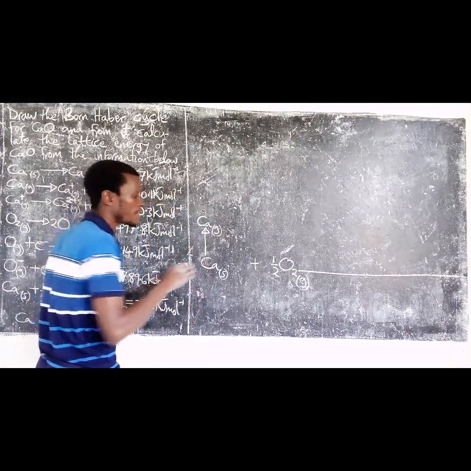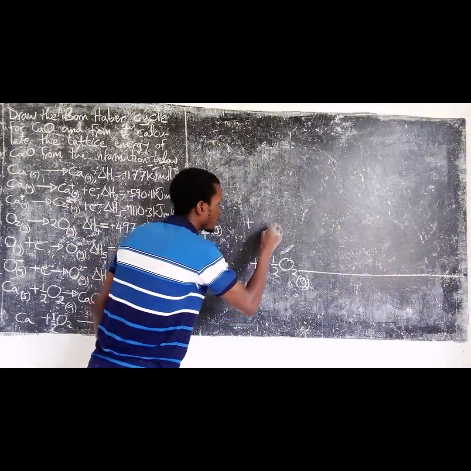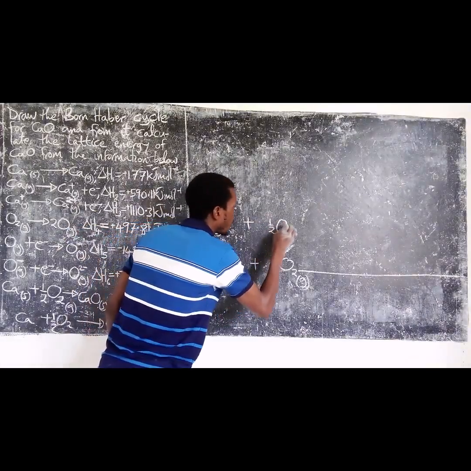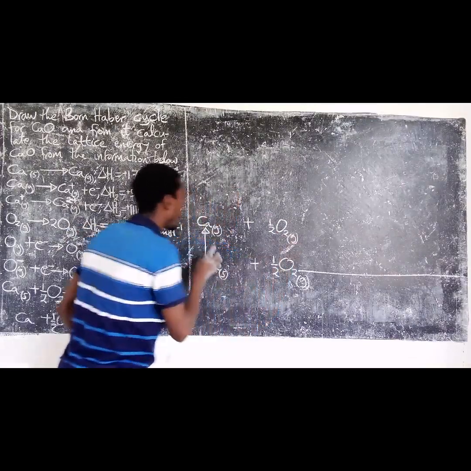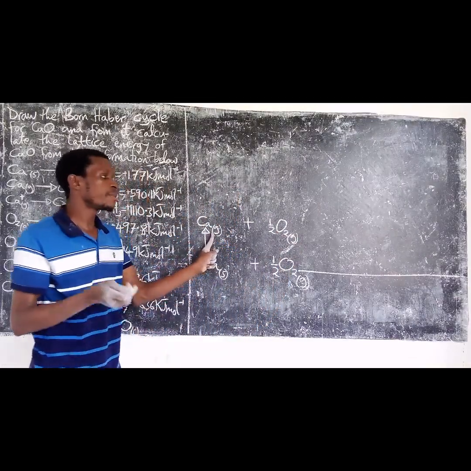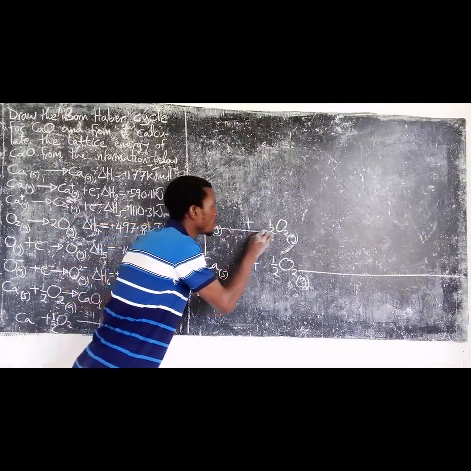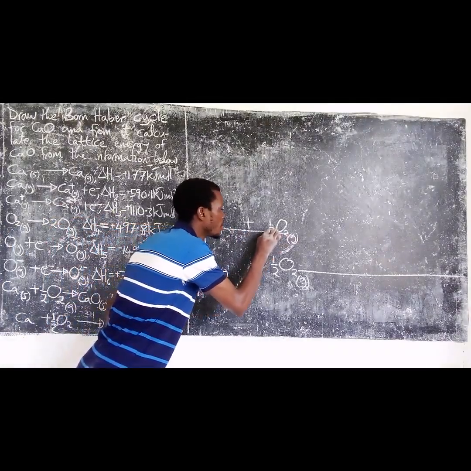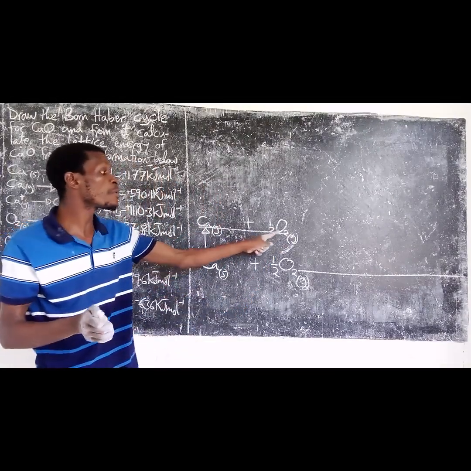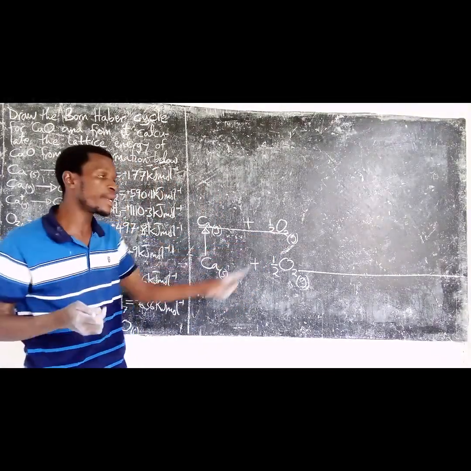It is atomized to gaseous atoms. This is half oxygen gas. Then you draw a horizontal straight line, indicating that the chemical species are at the same energy level.